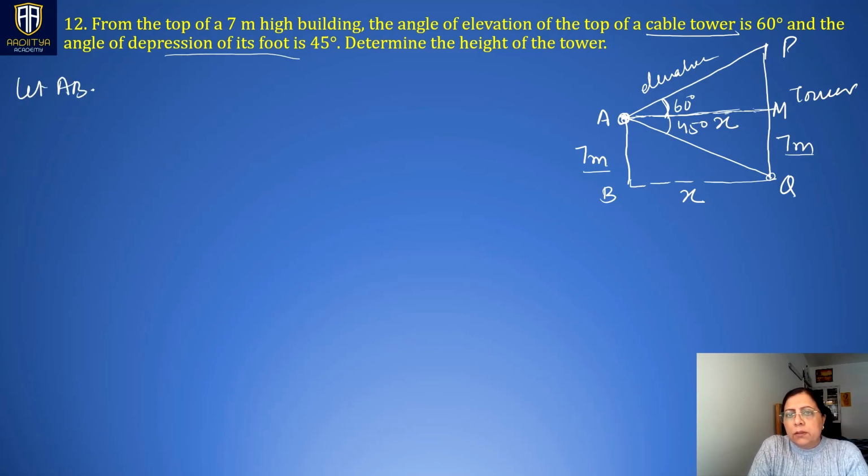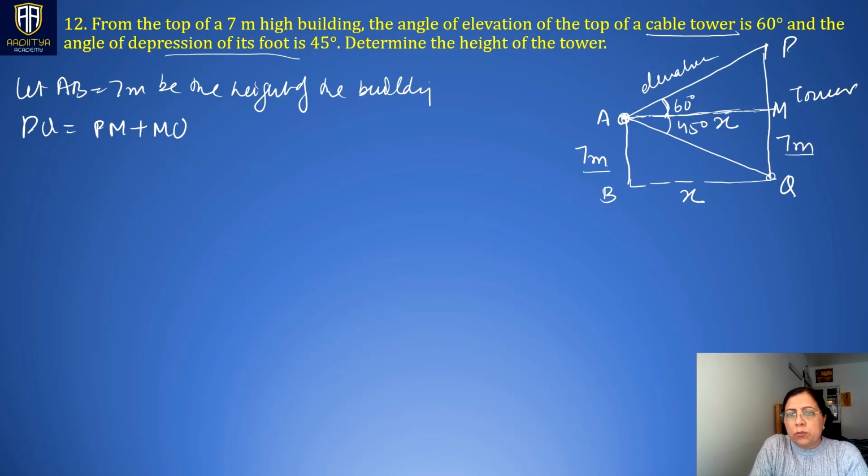Let AB equal to 7 meters be the height of the building. Let PQ is equal to PM plus MQ. I am assuming this PM part to be H. This PM plus MQ meters be the height of the cable tower.